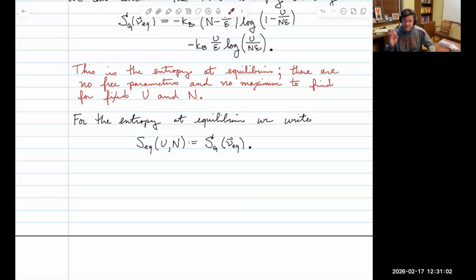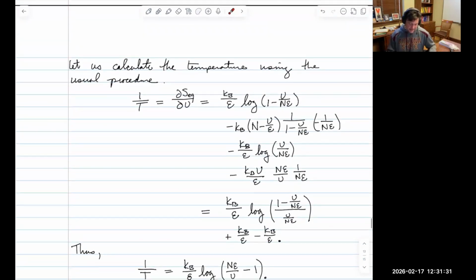But whenever we find the equilibrium macro state and plug that back into the Gibbs entropy, we're going to give that a special name. That's going to be called the equilibrium entropy. We're going to show that it's only a function of two variables, u and n. And in fact, we're going to show that it's going to be a homogeneous function of degree 1.